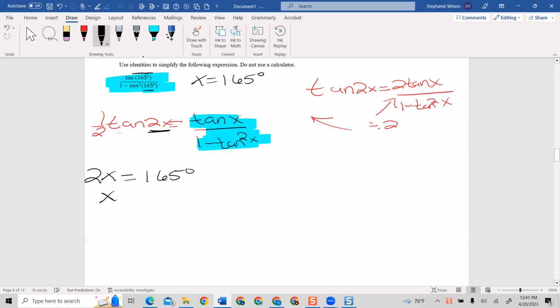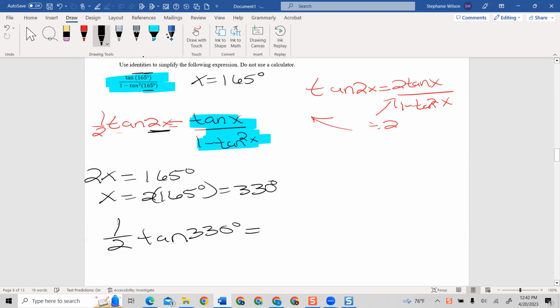So if I say 2 times that 165 degrees, I get 330 degrees. So now let's plug it in. I got half tangent of 330 degrees is equal to my half. And tangent at 330 degrees is negative square root of 3 over 3. And then multiply straight across. We get negative square root of 3 over 6. And that is our answer.